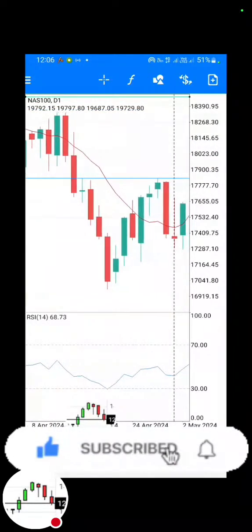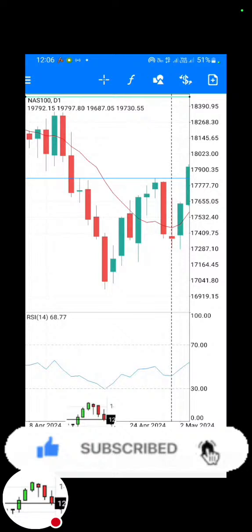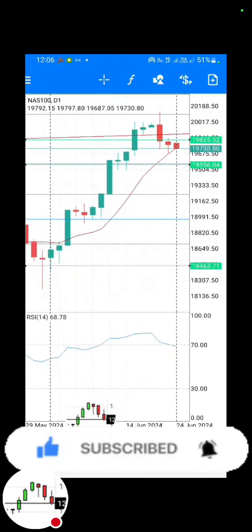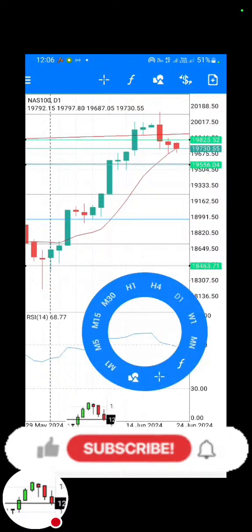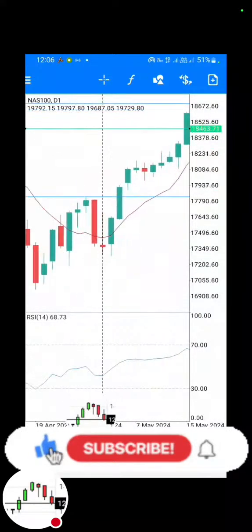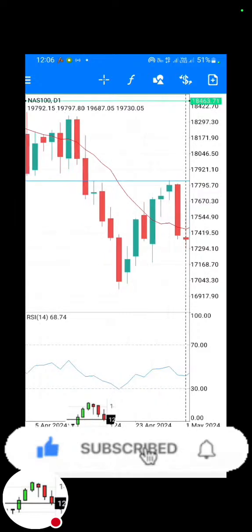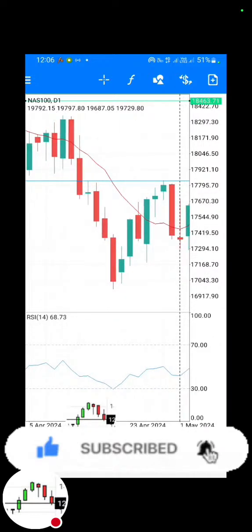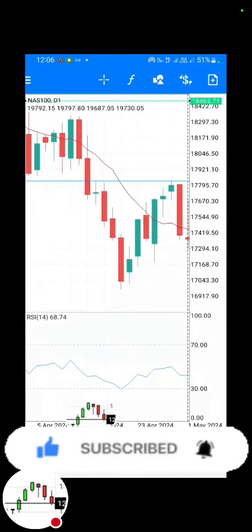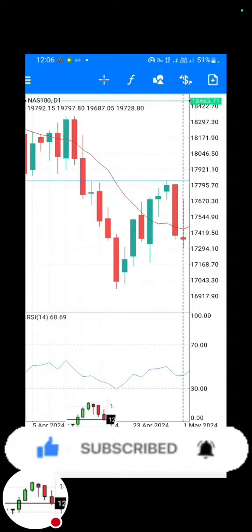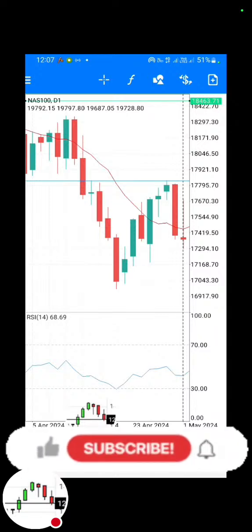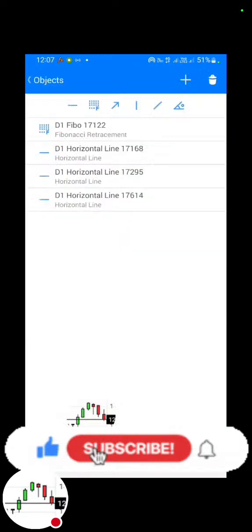This candlestick pattern actually is a morning star. Let me show you what is happening. Let's go again. Yes, it's a morning star pattern. You can see here on the screen. So when you see this type of pattern, you can see we have a very strong bearish candlestick.